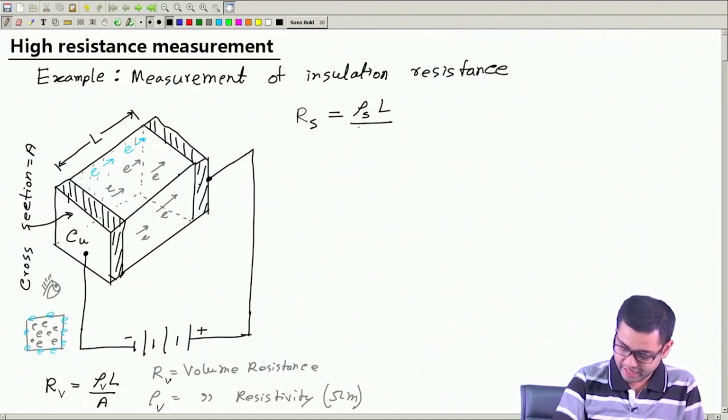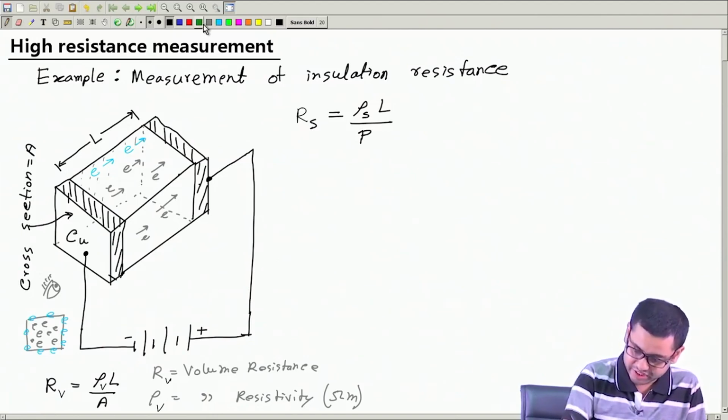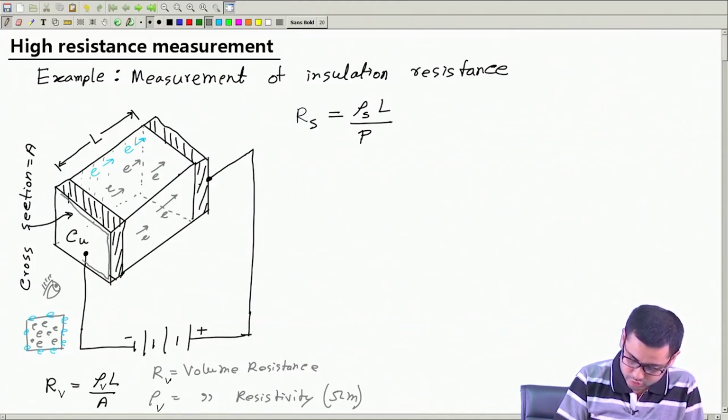Okay. So, call that periphery, say small p, where this periphery is this length. From here up to this, then you go like this, then like this and like this. So, this is the periphery p.